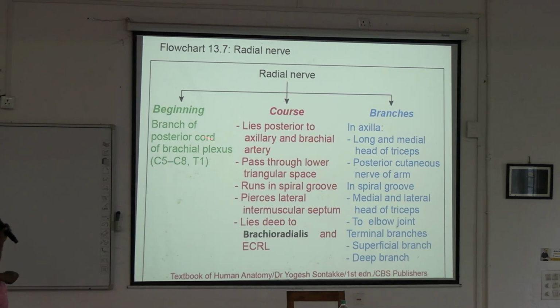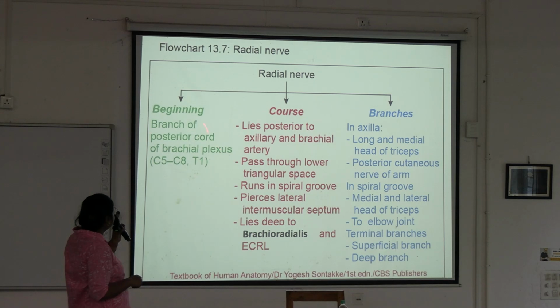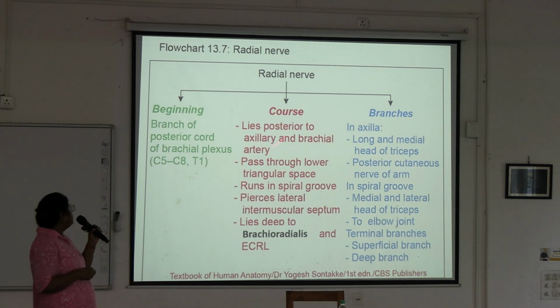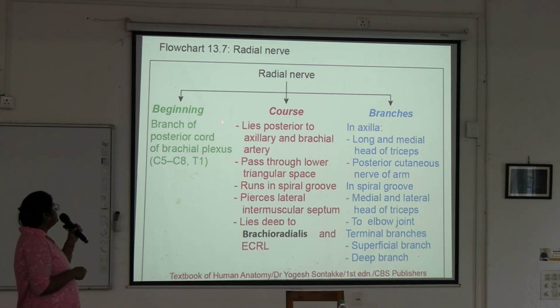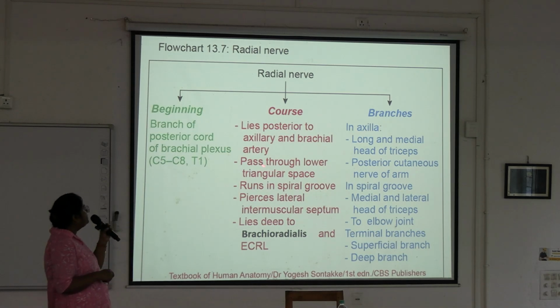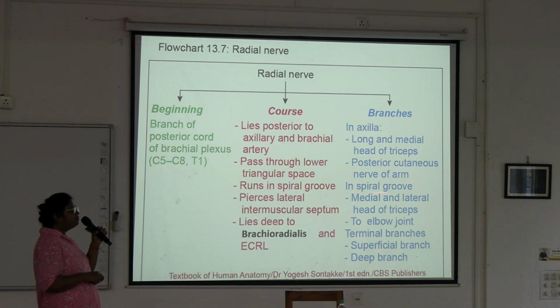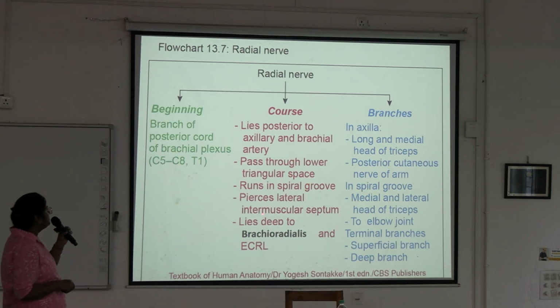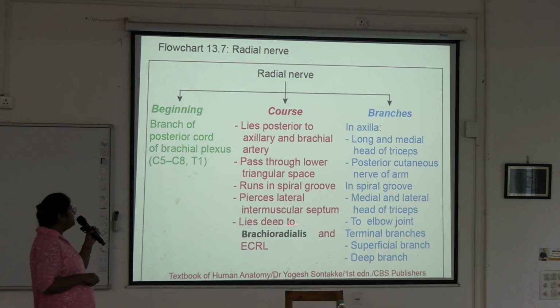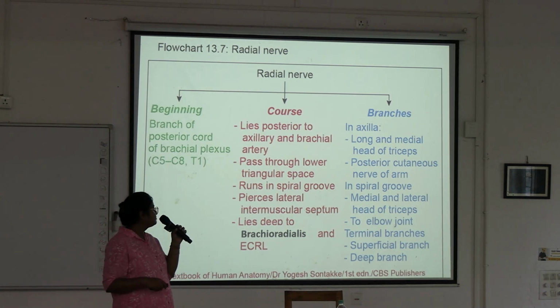So this is the beginning of the radial nerve. It is a branch of the posterior cord of the brachial plexus, with root values C5 to C8 and T1. It lies posterior to the axillary and brachial artery, passes through the lower triangular space, runs in the spiral groove, then pierces the lateral intermuscular septum and lies deep to brachioradialis and extensor carpi radialis longus.